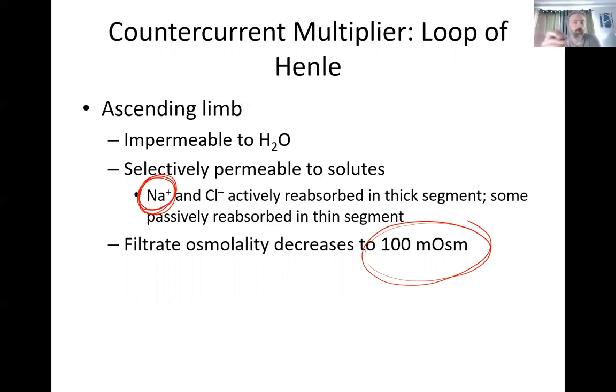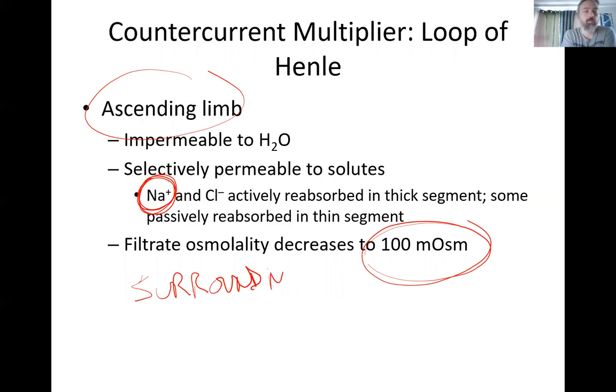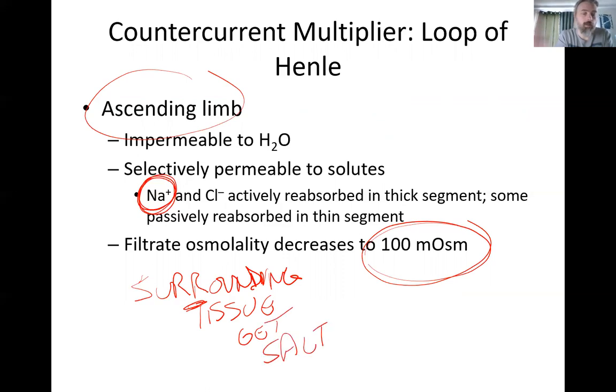But in return, what's happening here in the ascending limb, the reason that we're pumping out all the sodium, is that we're making the surrounding tissues get salty, right? So the filtrate doesn't get salty, but the surrounding tissues do.